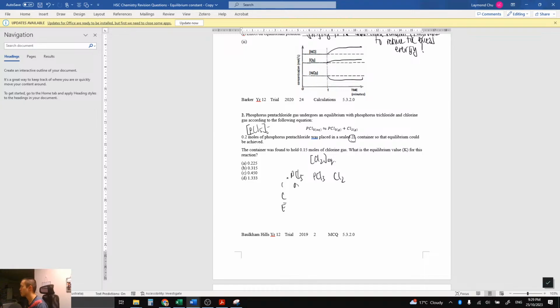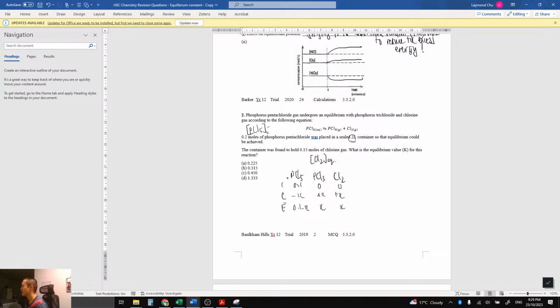PCl5 is 0.1. Our initial for our products is 0. Change is minus x, plus x, plus x. 0.1 minus x is our equilibrium for PCl5. PCl3 is plus x, and Cl2 is plus x.